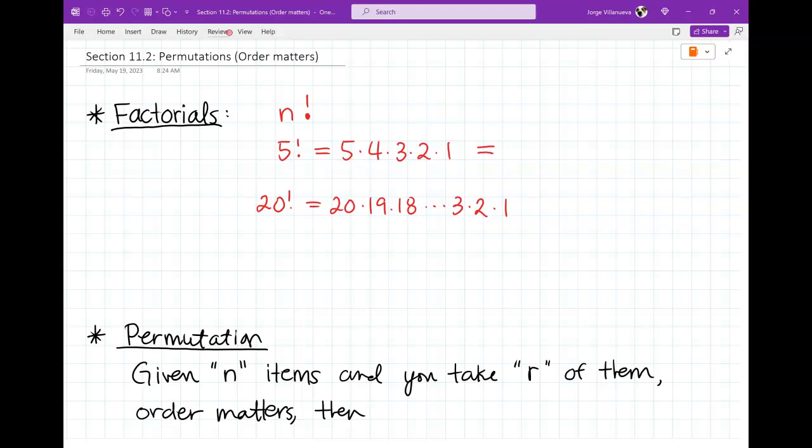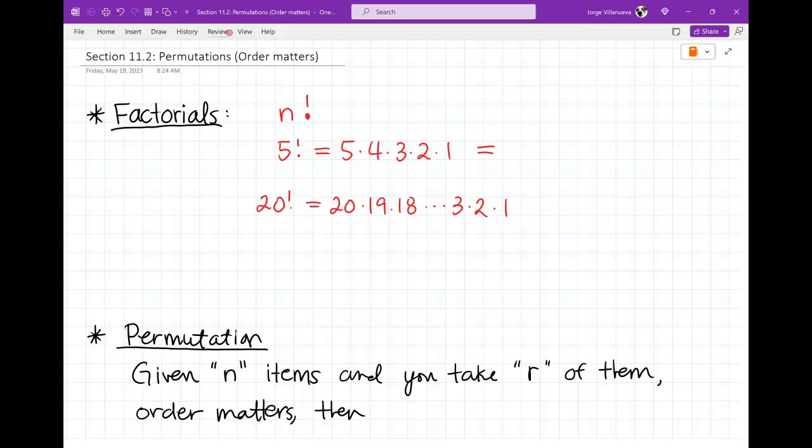On your calculator, you're going to press 5, okay? Then for some of you, you're going to press a button that says probability and go to the exclamation mark and hit enter. But for most of you, you're going to hit shift, and then right above x to the negative 1, there's an x exclamation mark, so you're going to press that.